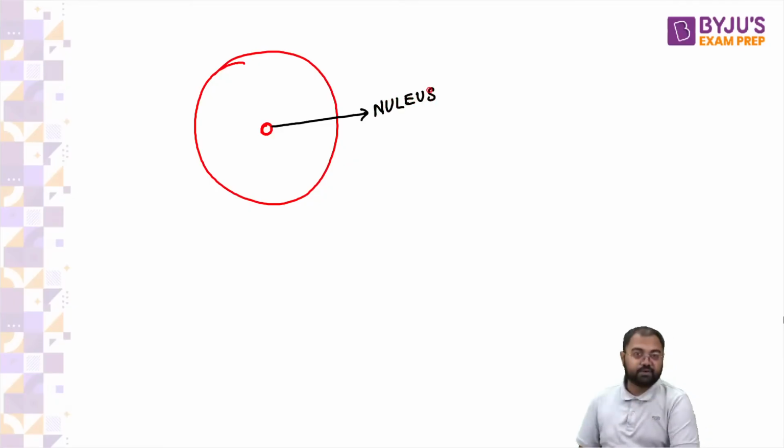This is called the nucleus, placed somewhere at the center of this atom, and very, very small as compared to the atom. This diagram does not tell you the exact proportion.